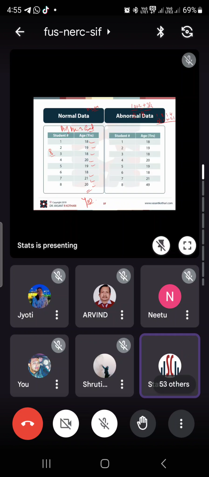Now see, when I took the average of this, my average is coming, say, 20.5. And I'm making a statement that on an average, the graduate student in the university is 20.5 years old. So my statement is a logical statement.